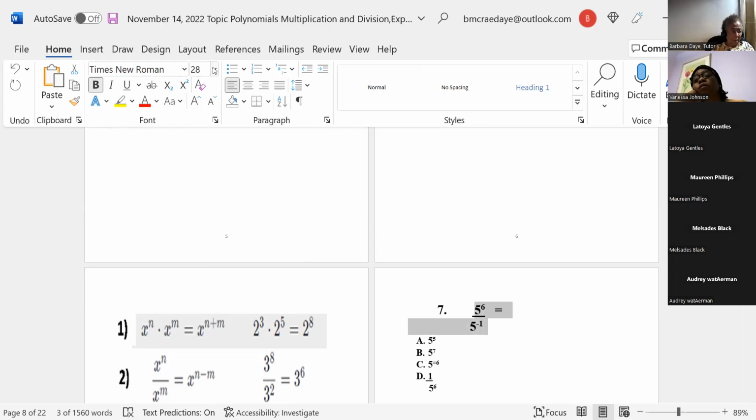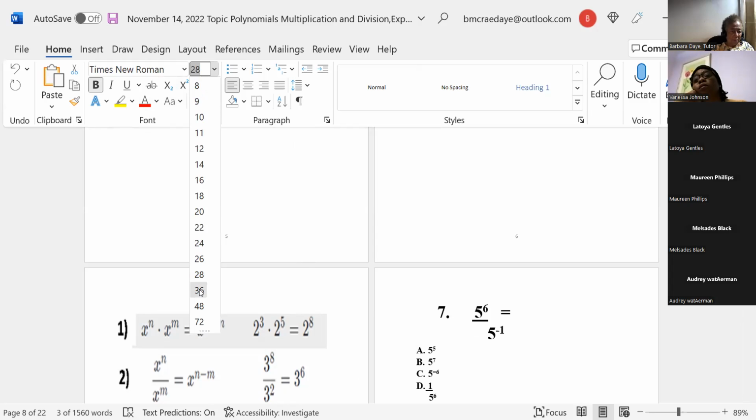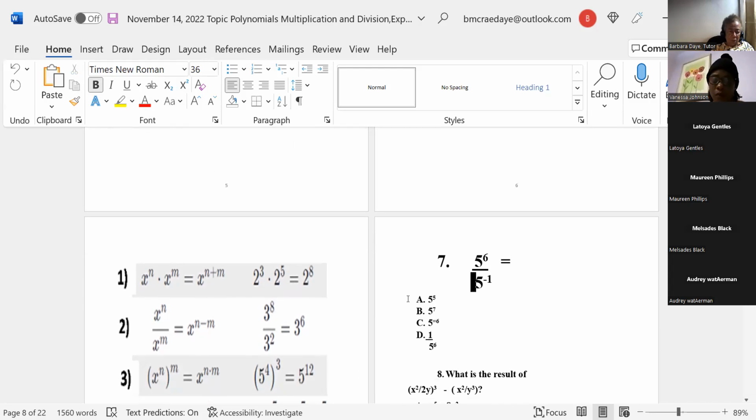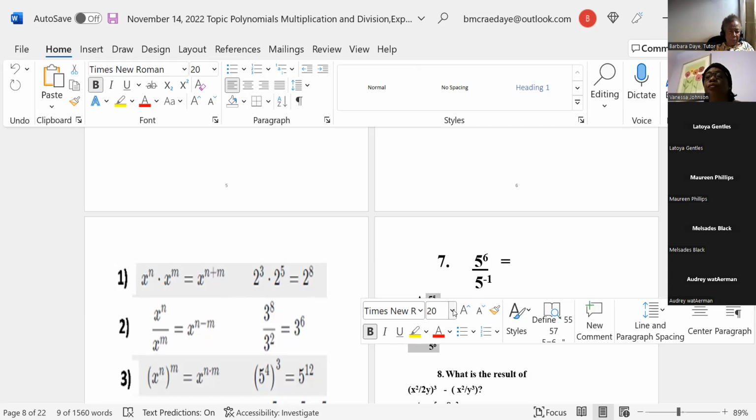Number 7 was 5 to the 6th power divided by 5 to the negative 1. And Maureen, you said B, as in boy. Does everybody agree?